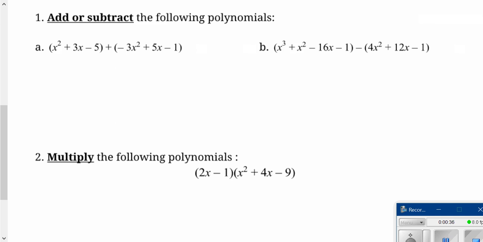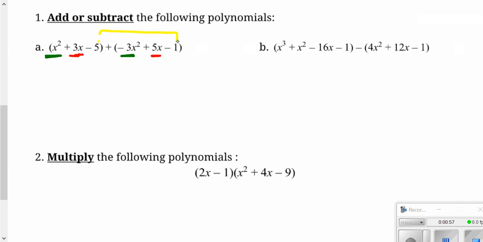So question 1 asks us to add or subtract. When we are adding, all we need to do is think about combining like terms. Like terms have the same variables involved. So for instance, these two both have x to the second. So those are like terms. These two both have just an x to the first.